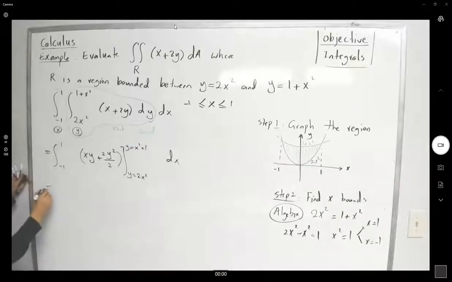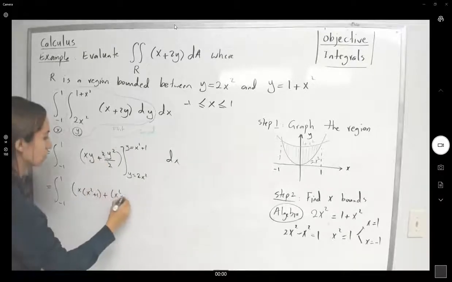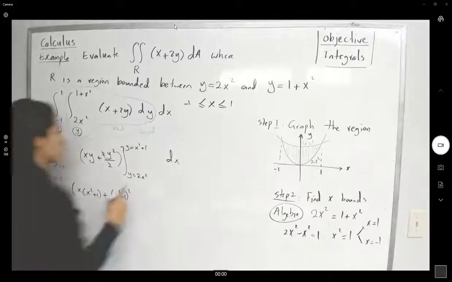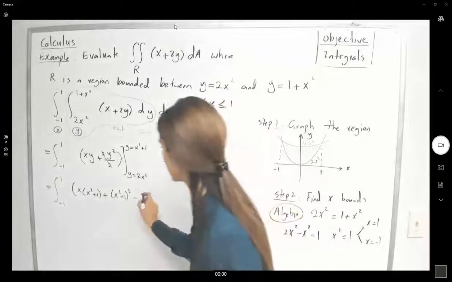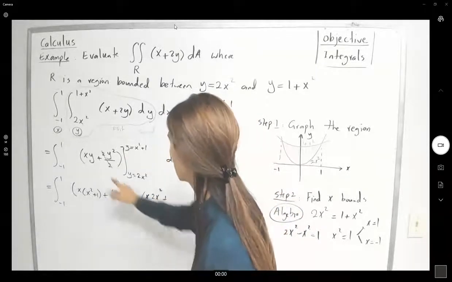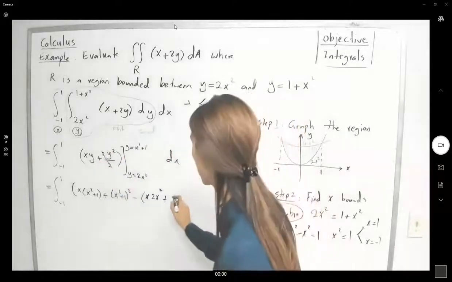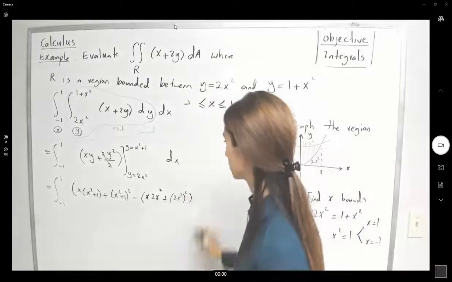So here, if I plug in x squared plus 1, I get x times x squared plus 1 plus, I can cancel out these two, x squared plus 1 to the second power. Now I plug 2x squared in, I get x times 2x squared plus 2x squared to the second power. Let me close out the parentheses.